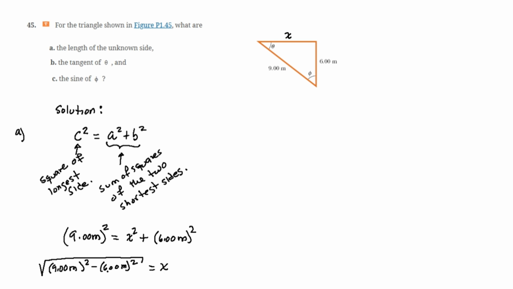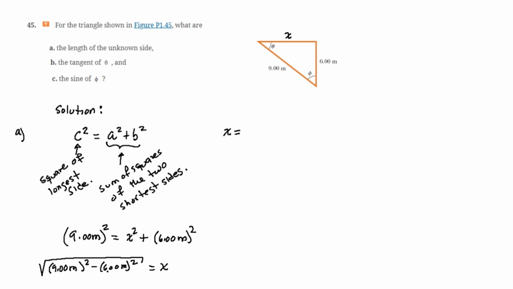So that means that now when I calculate x, x would be equal to 6.71 meters. Let me see if it's exactly that value, or it's 9.00 squared minus 6.00 squared.